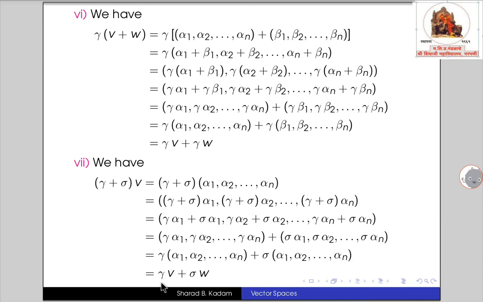That is gamma into v plus sigma into v. So we have shown that (gamma plus sigma) into v equals gamma into v plus sigma into v.